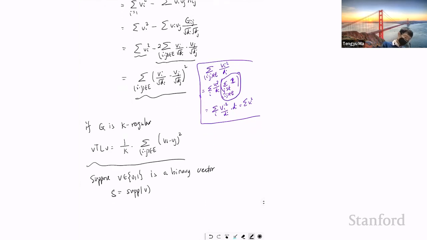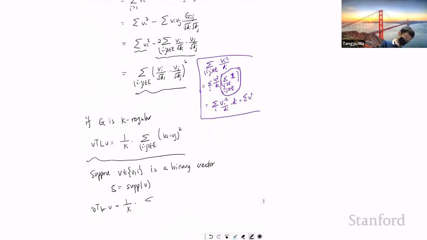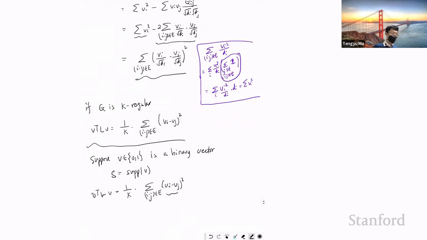Then you can see from this formula that V transpose LV is 1 over kappa times the sum over ij in E of (V_i minus V_j) squared. And this is 1 when i and j are in different groups.